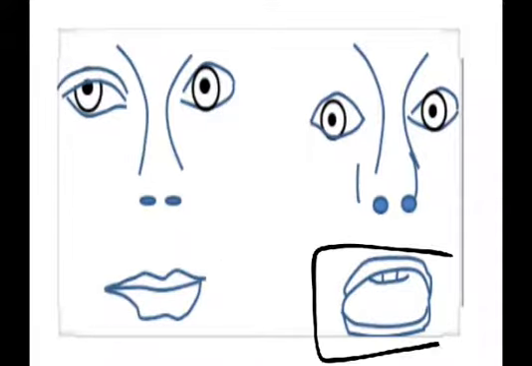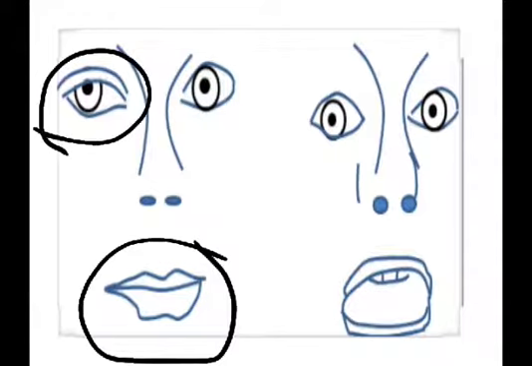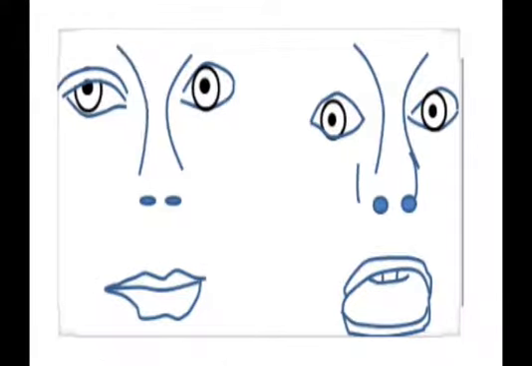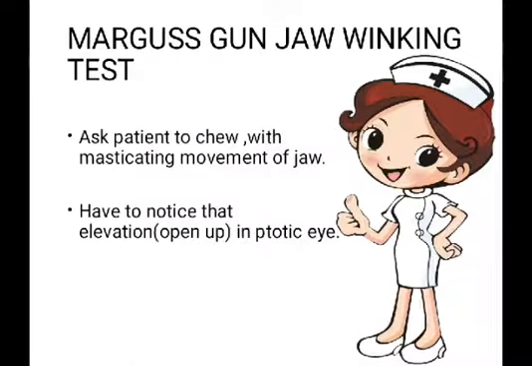When the patient's mouth is open, the ptotic eye opens. So with the help of the masticating jaw, the function of the ptotic eye takes place. This is Marcus Gunn jaw winking syndrome. We have to notice the elevation or opening of the ptotic eye. Sometimes it will be very high, sometimes very small or very rare to notice. So we have to check whether Marcus Gunn jaw winking syndrome is present in the patient or not.